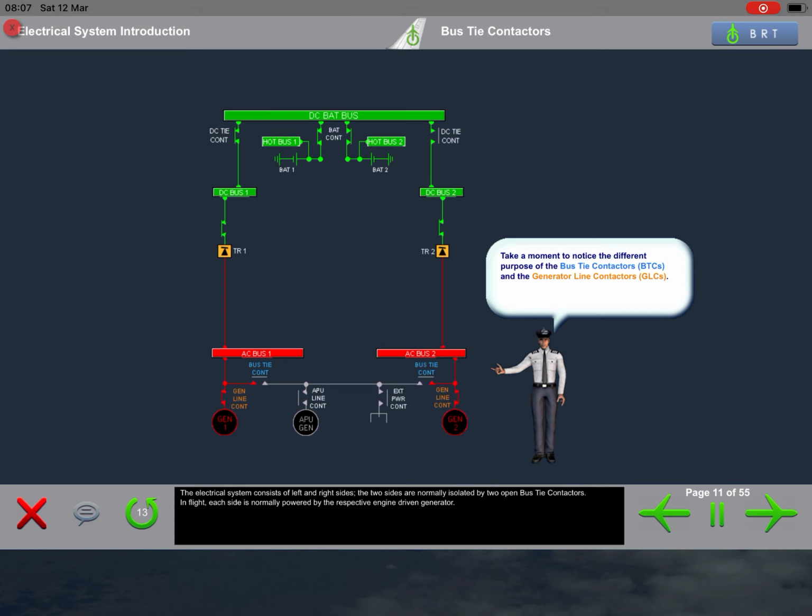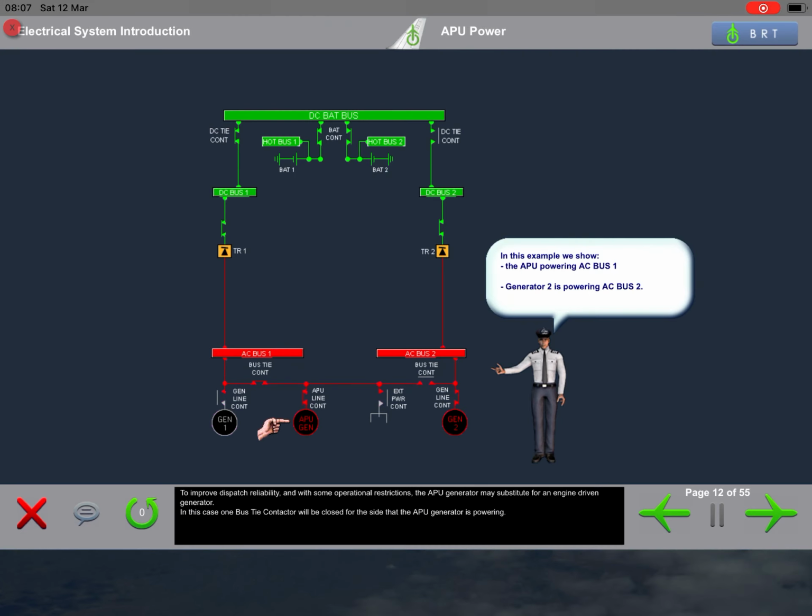The electrical system consists of left and right sides. The 2 sides are normally isolated by 2 open bus tie contactors. In flight, each side is normally powered by the respective engine-driven generator. To improve dispatch reliability, and with some operational restrictions, the APU generator may substitute for an engine-driven generator.